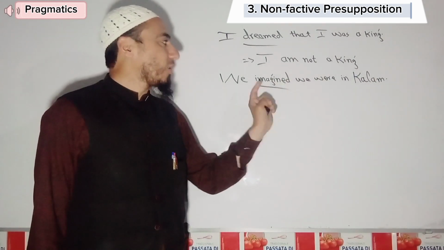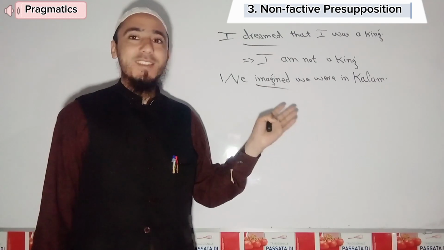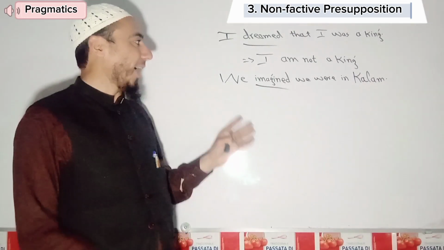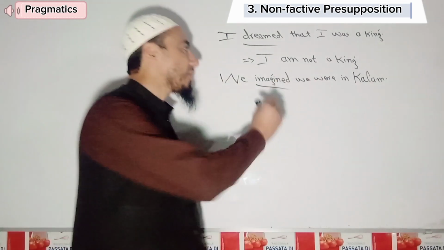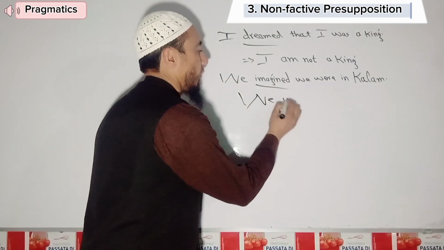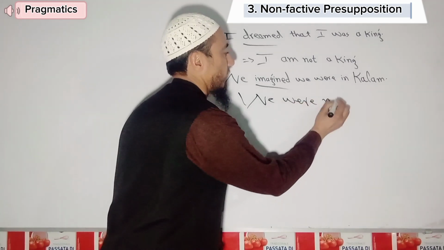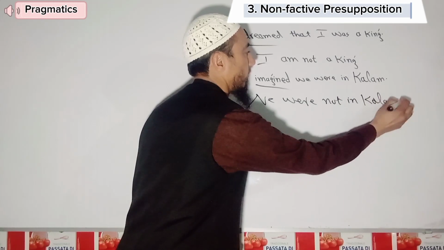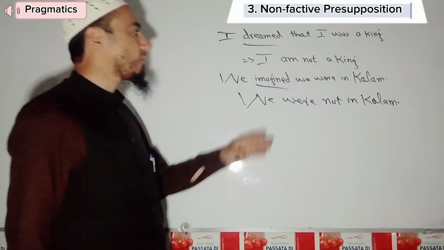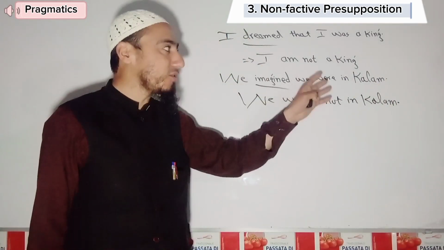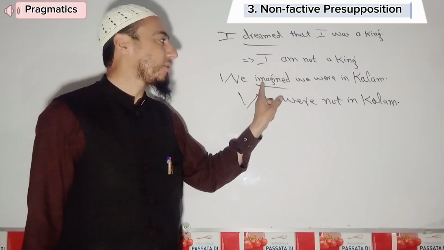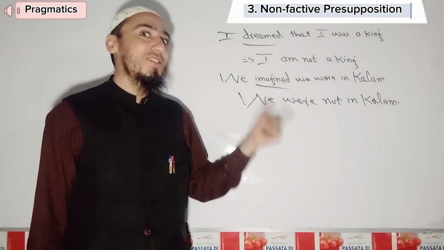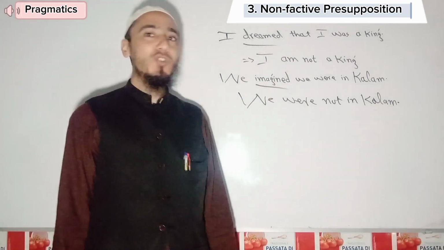The word imagine also tells us that this is not true. And the fact is that we were not in Kalam. So we imagined we were in Kalam. Here the word imagine indicates that this is not fact and this is not true.